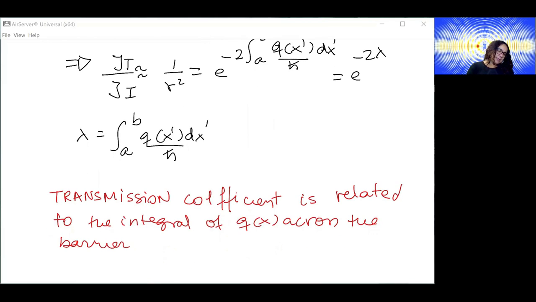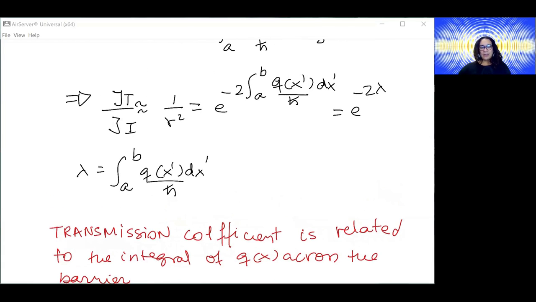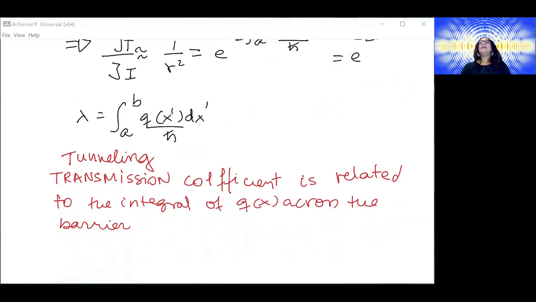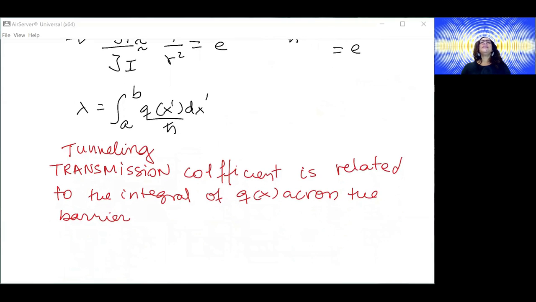This is quite important. This is something you see in many instances, and also when you're doing things that are quite advanced. So this expression which we have obtained is telling us that, so if you want, you can call it tunneling coefficient too. And you are going to see this in many instances in your life.